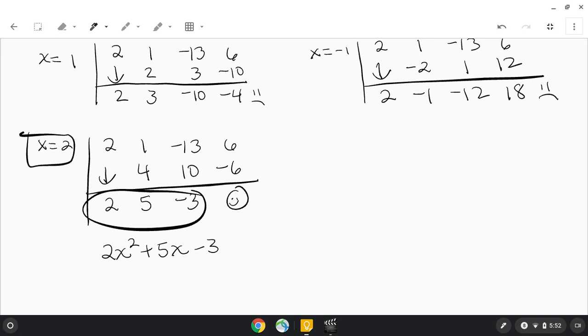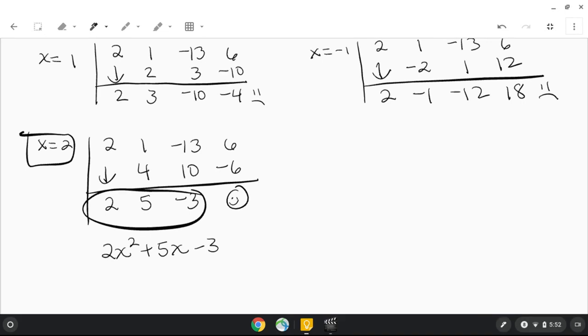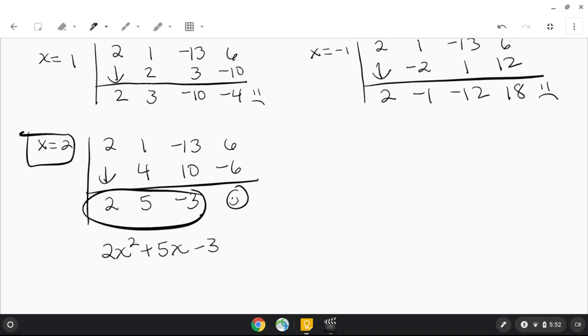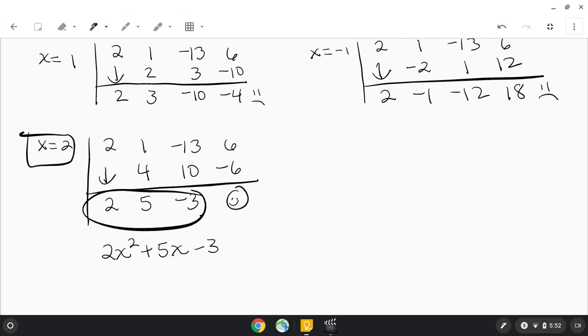Now, let's say that the original polynomial was a degree 4, and then we found the first 0, right? Then this polynomial in here would have been a degree 3. So what you could do is continue working off of the degree 3 polynomial and use synthetic division on this one over here.